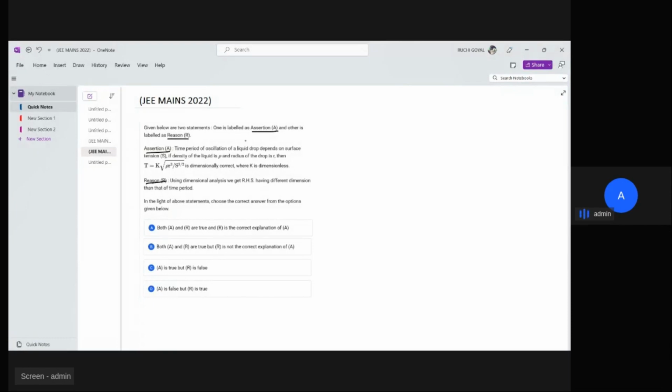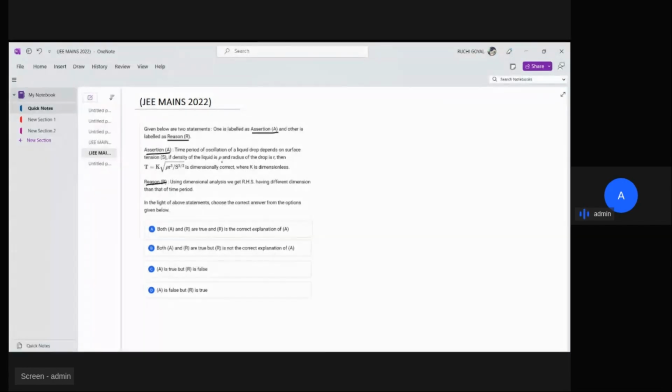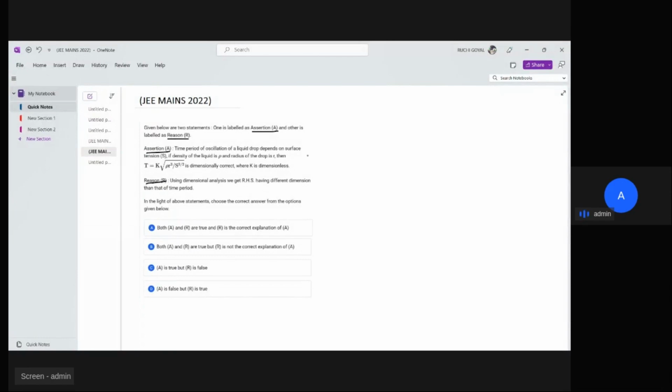The time period of oscillation of a liquid drop depends on the surface tension S. If the density of the liquid is rho and the radius of the drop is r, then T is equal to K under root rho r cube divided by S raised to power 3 by 2, where K is dimensionless. It is saying that it is dimensionally correct. So what will be the dimensions of all these quantities? First, write the dimension of surface tension: M T to the power minus 2.